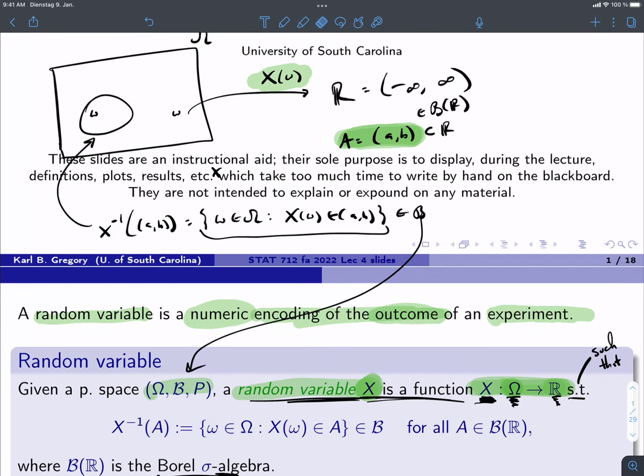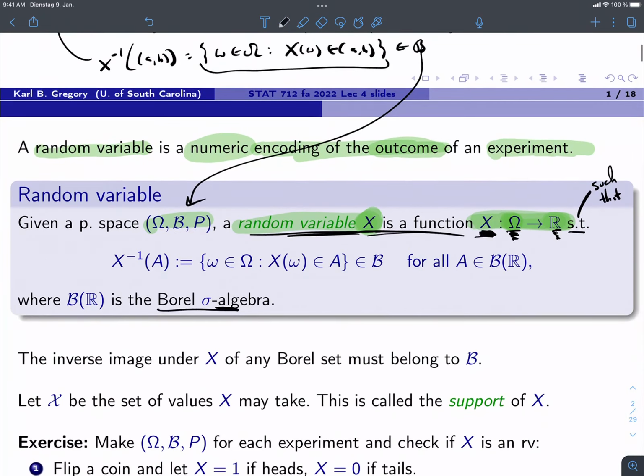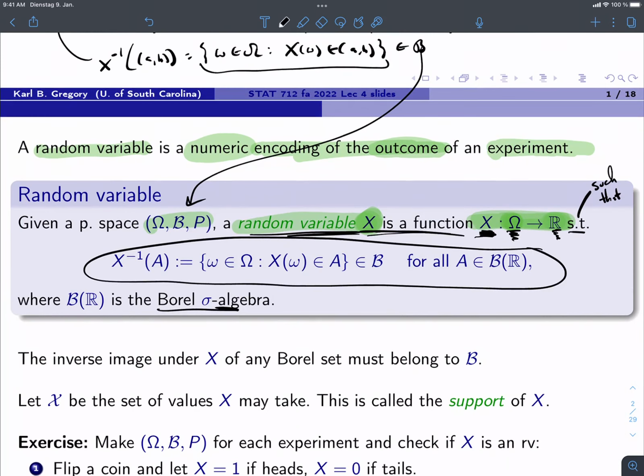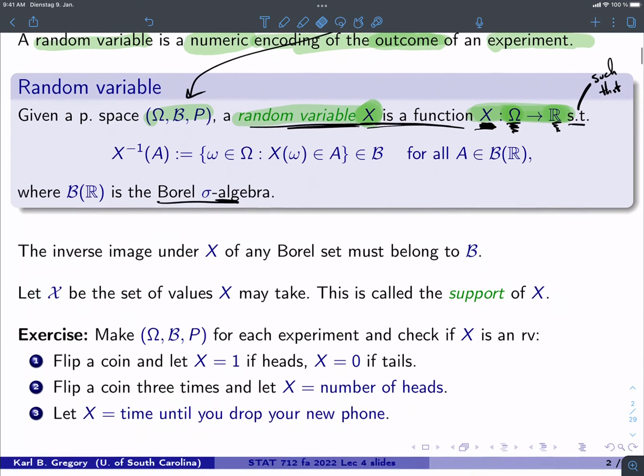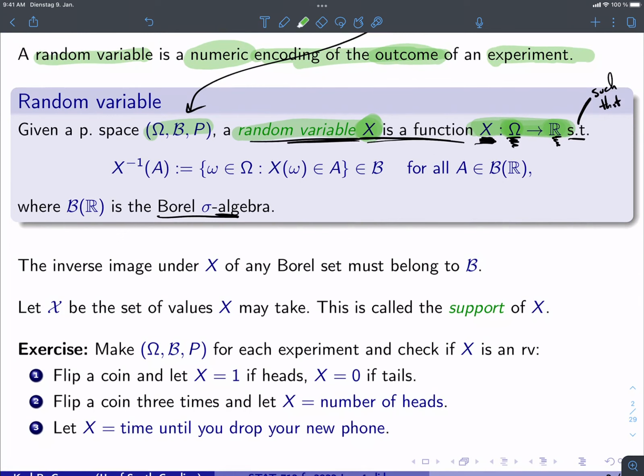So for us in this course, this is going to be just some kind of technicality that we don't have to worry very much about. We can just think of a random variable as a function from the sample space to the real line. Okay. Let's define something called the support of a random variable.